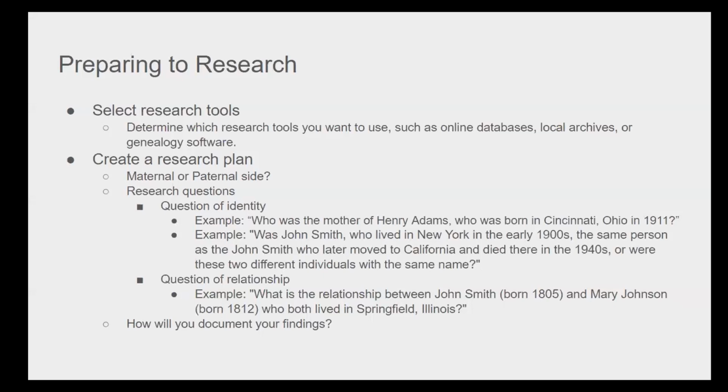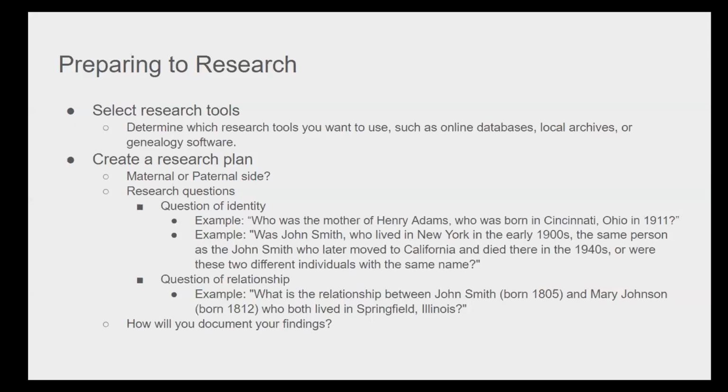Genealogical research questions usually revolve around aspects of identity or relationship, and at times they can relate to specific circumstances surrounding the family. An identity-oriented question in genealogy would focus on elements that define an individual, like the birth date, birthplace, parents' names, spouse, children, anything that makes them unique.